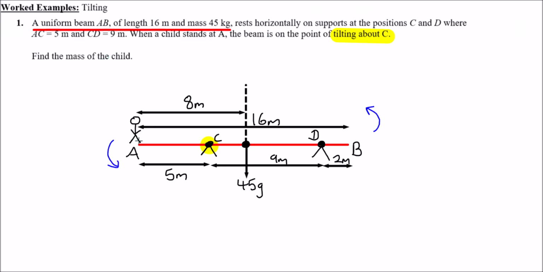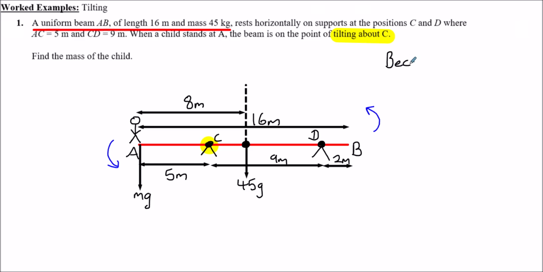So obviously if a child is stood at A, the force due to the weight of a child will be the mass of a child, m, multiplied by g. So it goes back to the concept of tilting. So let's just add this in.